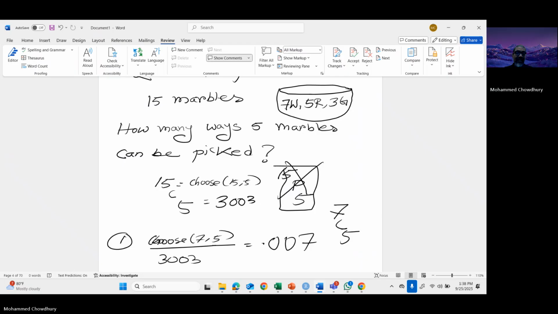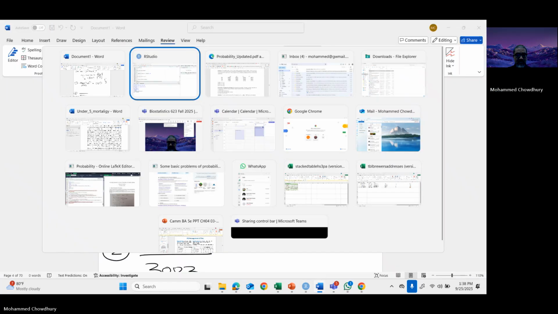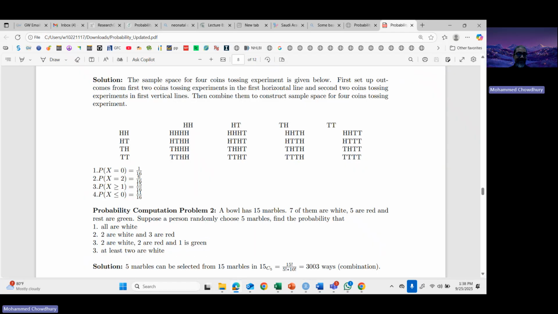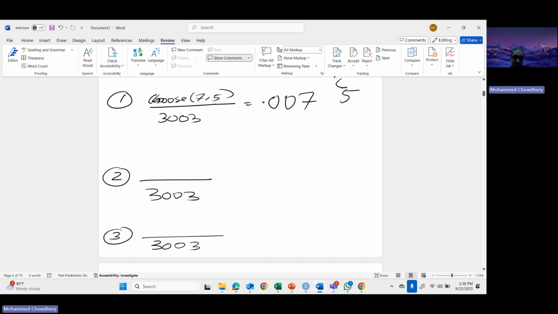Okay. Now, the second one is asking you 2 are white, 3 are red. So that means you are getting 2 white, 7 choose 2, and 5 choose 3.